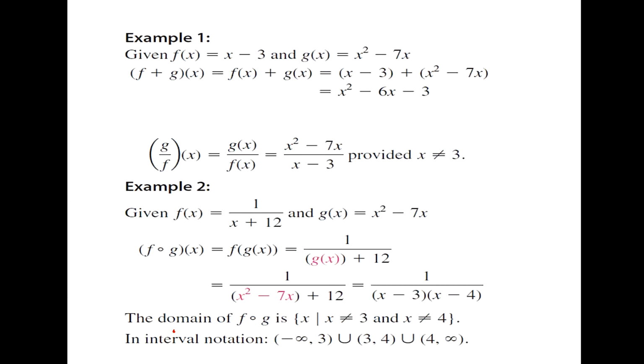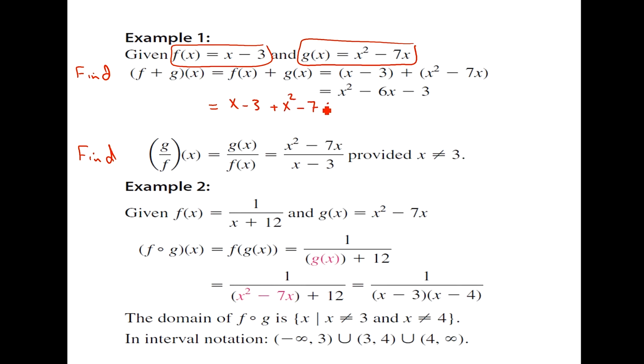Look at this. We have two functions, f of x and g of x. f of x equals x minus 3 and g of x equals x squared minus 7x. We need to find f plus g. f plus g means directly we put x minus 3 plus x squared minus 7x.